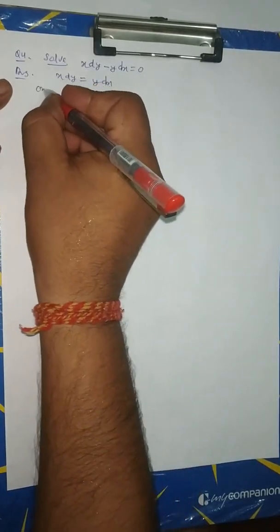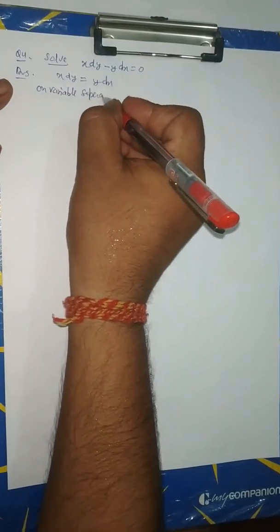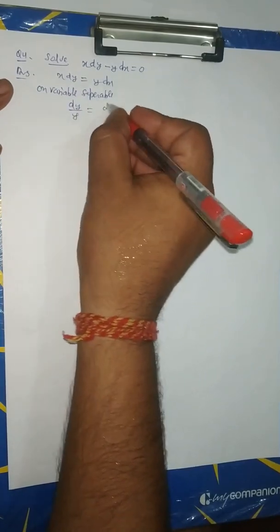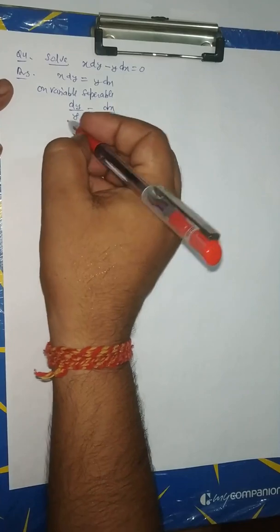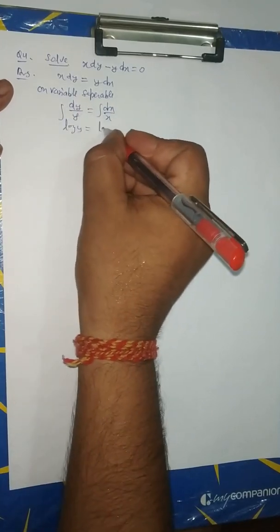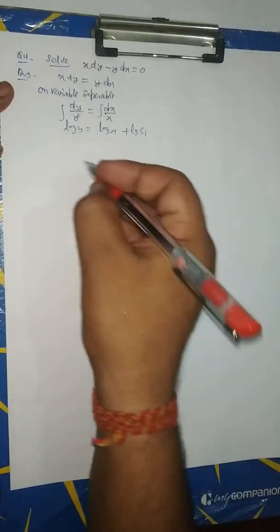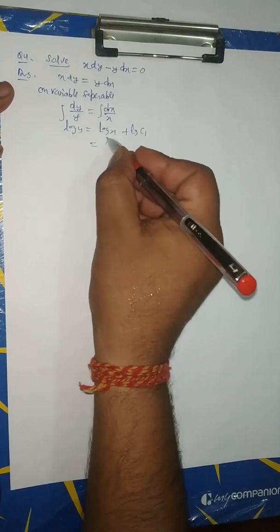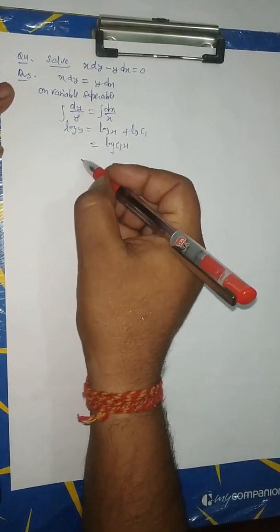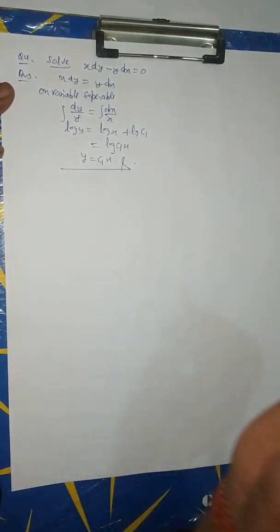On variable separable, dy upon y equal to dx upon x. Then integrate, we get log y equal to log x plus log c1, where c1 is an arbitrary constant. This is equal to log c1x. Now we get y is equal to c1x as the solution.